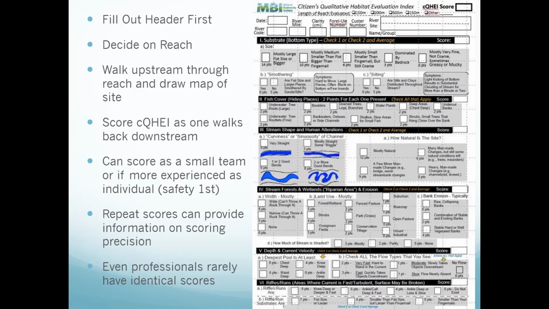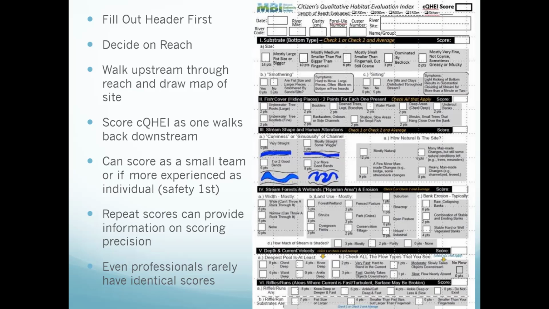Typically you might determine this beforehand based on site access or by measuring your length of reach on the computer, and then just make sure you have a couple riffles and a couple pools if those are present in your stream.